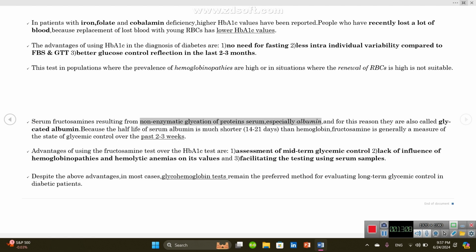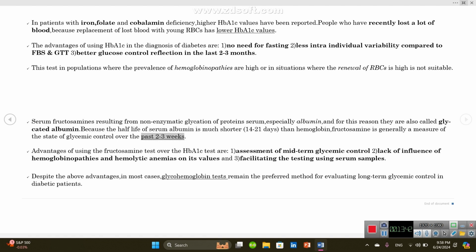Albumin is the most frequent protein in our serum, and for this reason they are also called glycated albumin. Okay, glycated albumin, because the half-life of serum albumin is much shorter than hemoglobin, between 2 to 3 weeks or 14 to 21 days.